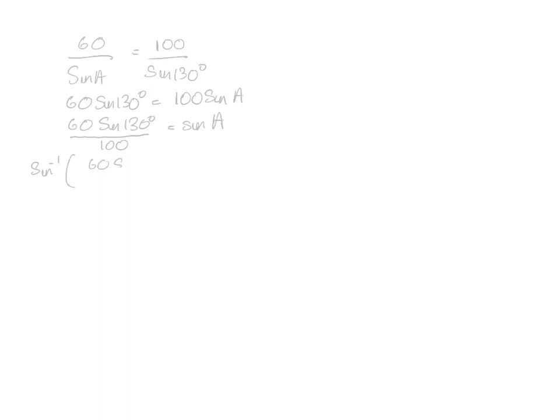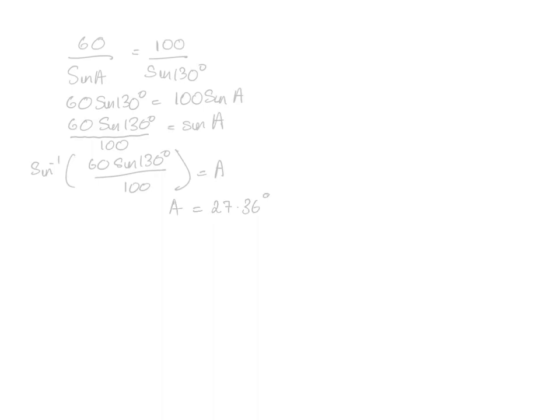Put all of this now into your calculator. When you put that into your calculator, you get A is equal to 27.36 degrees. Now that's to 2 decimal places.